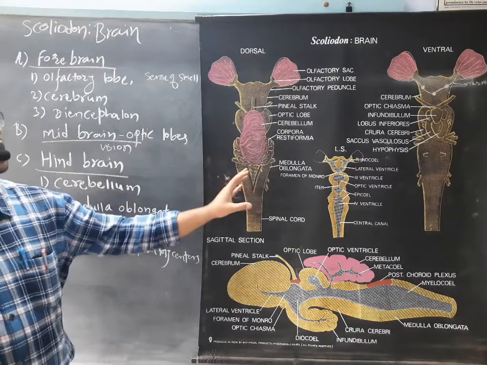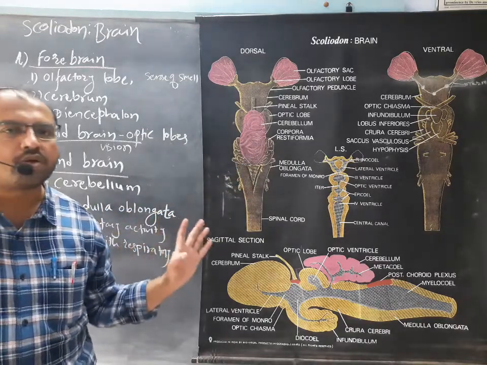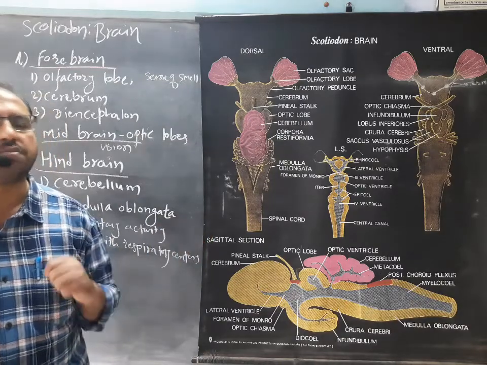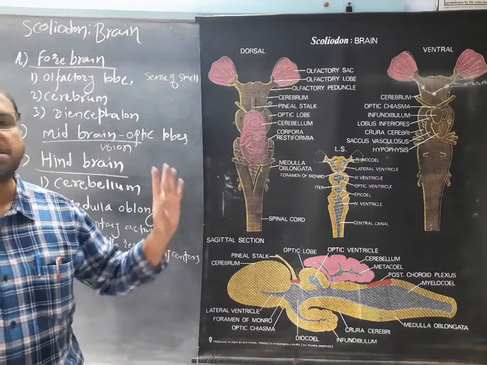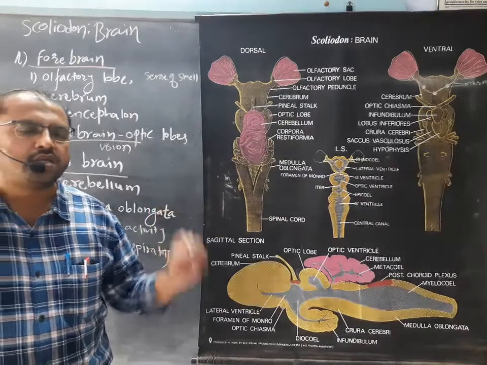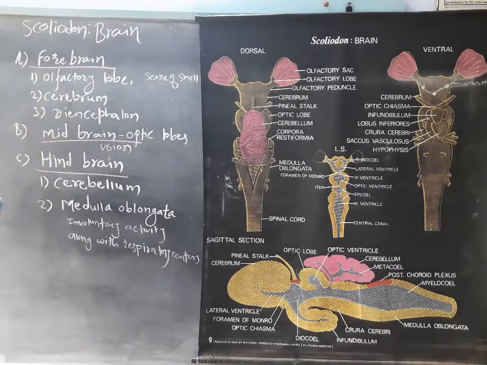The brain of Scoliodon is kept safely in that cranium. These are the first group of individuals among gnathostomes, that is Pisces. They have such kinds of brain structure. The basic plan of the brain of vertebrates is the same: the three regions of the brain are forebrain, midbrain and hindbrain.